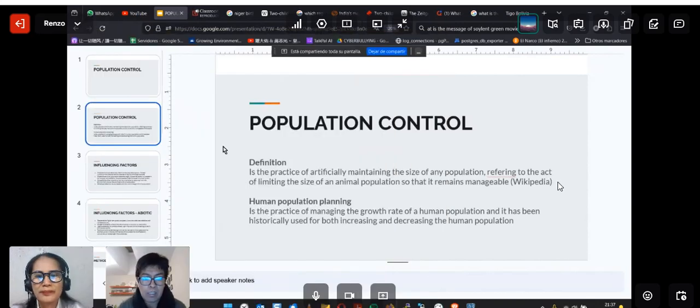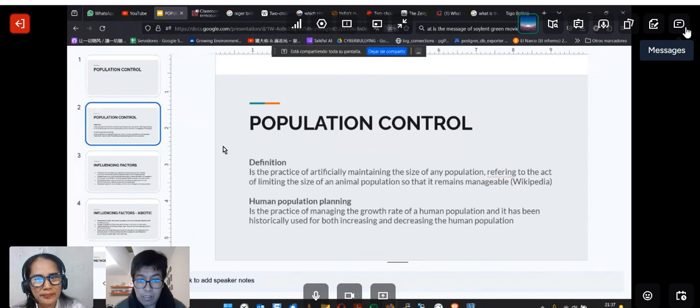Well, this is extracted from Wikipedia. And the definition of population control, properly, it refers mainly to animals, dogs, cats, cattle, or other species.